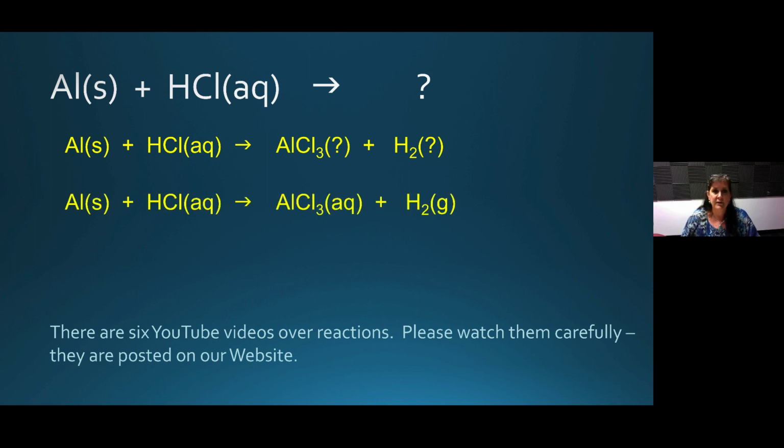Now we need the states. AlCl3, let's look it up in the solubility rules. We're looking for Al or Cl, whichever we come to first. Rule 4 is Cl. Cl is soluble except with silver, mercury, and lead, but this is aluminum, so it's soluble. That's why it gets an AQ.